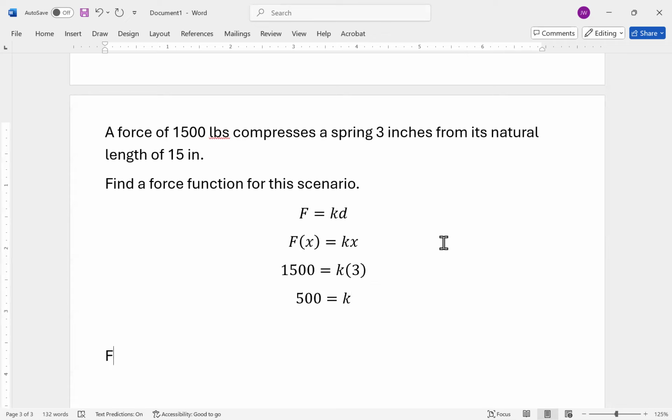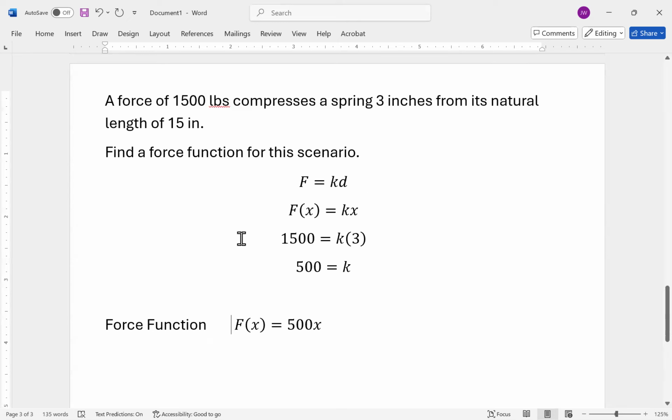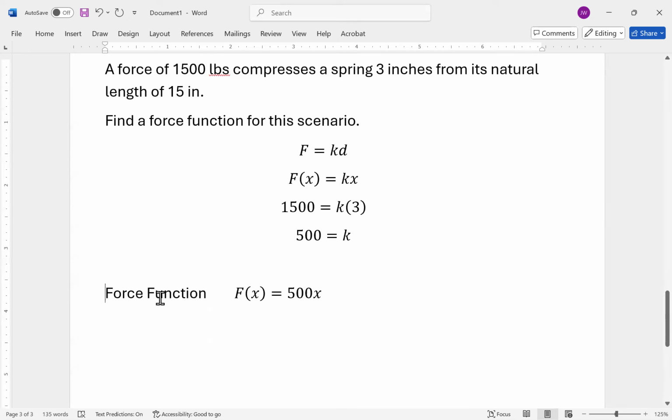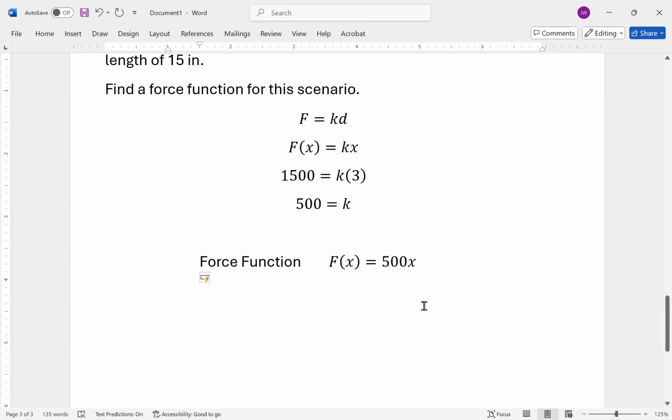Now I know that the force function in this scenario is going to be f of x equals 500 times x. That's my force function. And now if I'm doing any other compressions with this spring, I can find the work by using this force function.